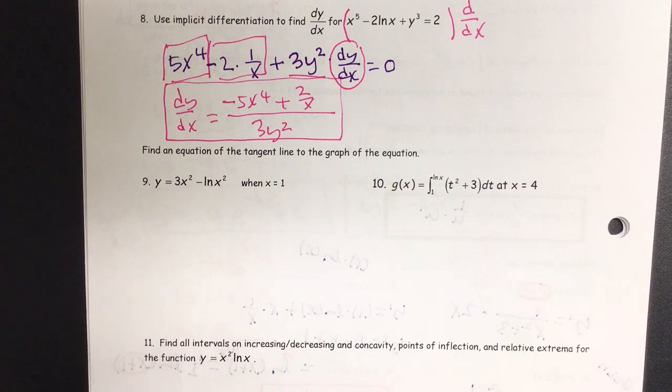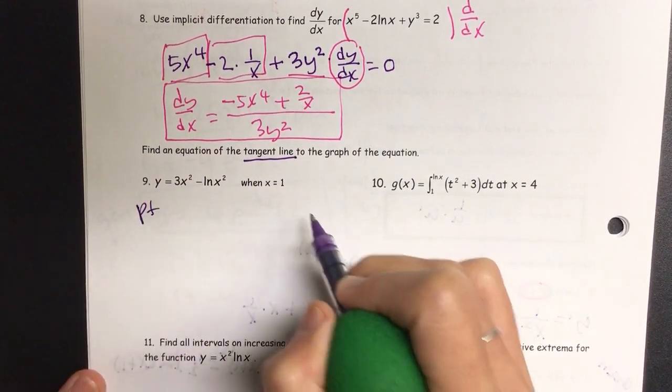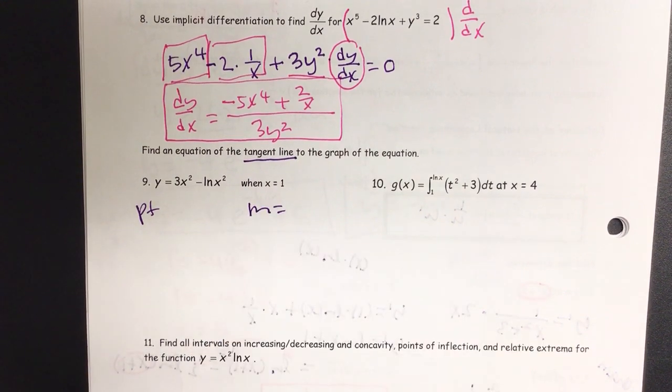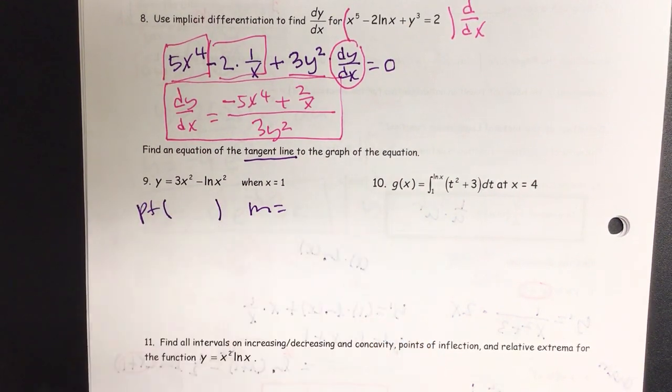Find the equation of the tangent line to the graph of the equation y equals 3x squared minus natural log of x squared when x equals 1. So when we're looking at a tangent line, we're looking for a point. We are also looking for the slope. Which coordinate of the point has already been given to us? The x. To find the y piece, all I need to do is plug it back in.